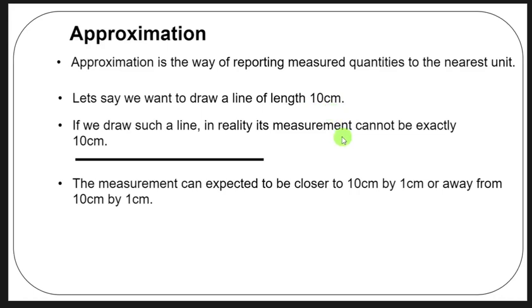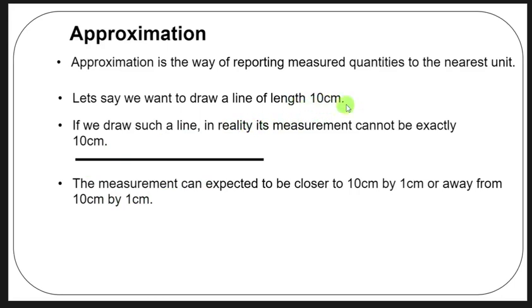If they were to be away by 1, maybe they can be at 11, or if they were closer, maybe 9 centimeters. That kind of error is actually allowed.